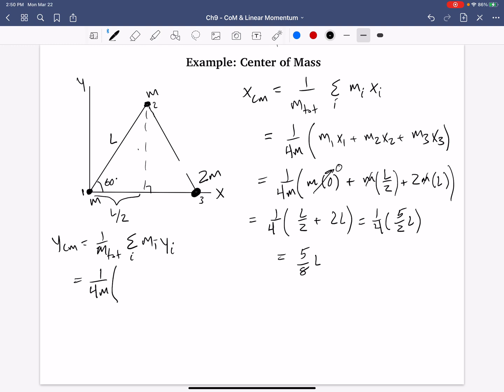Like before, up here we have the exact same thing, so I'm not going to write that in again, I'm a little bit more limited on space. But I hope you can see that the y-coordinate for masses 1 and 3 is 0. This is y0, and those two are on that line. So m1 y1 and m3 y3 will be 0. I will write that.